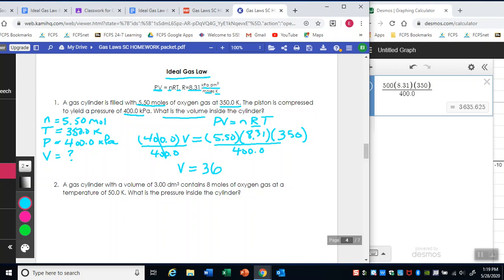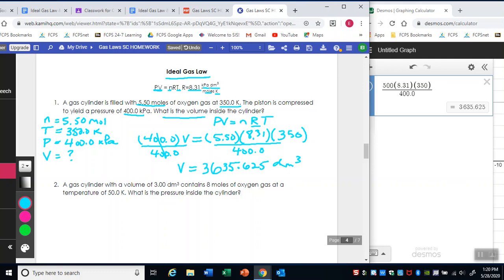I'll go ahead and just say 3,635.0.625, and then that would be cubic decimeters.